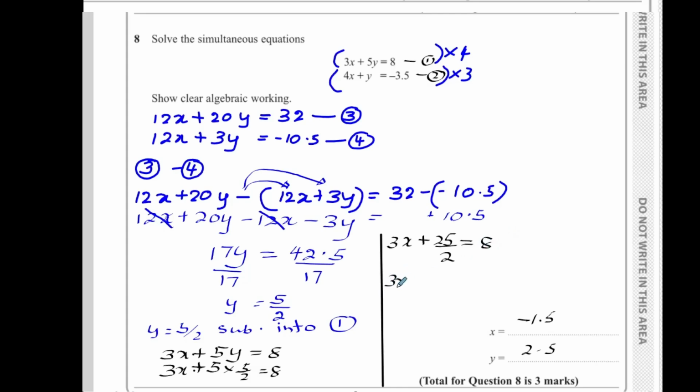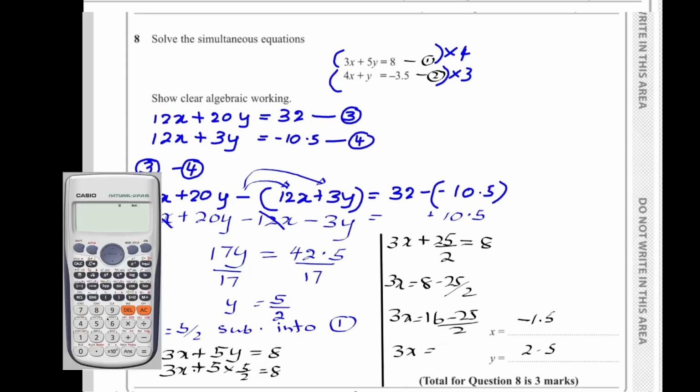Then 3x equals 8 minus 25/2. 3x equals 16 minus 25 over 2. Let's use the calculator. 16 minus 25 over 2 is minus 9 over 2.